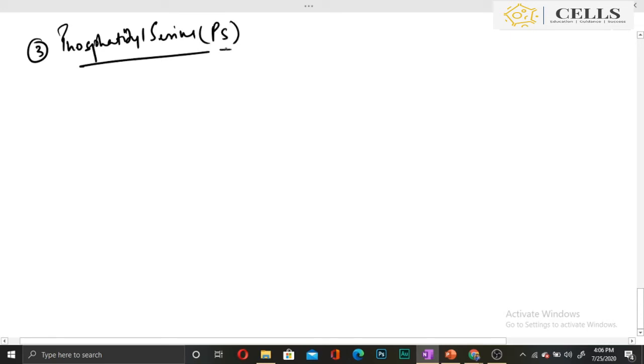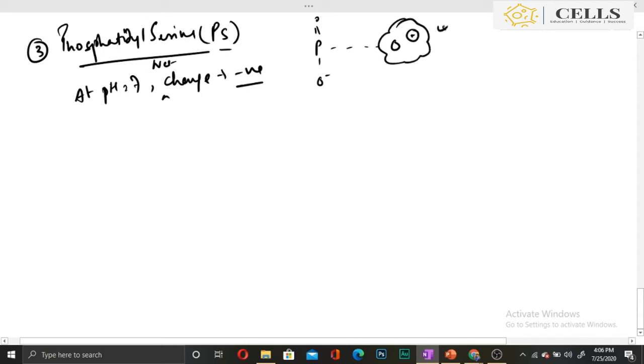Next. Now write phosphatidylserine, PS. As there is serine and there is a phosphate, there will be an O minus, like OH and O minus. So at pH 7, its net charge will be negative due to this O minus. Yes, you are right.